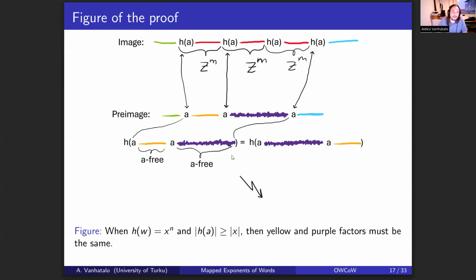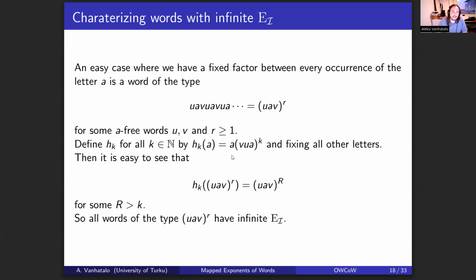All right, and yeah. So basically, we have the necessary condition that if the word has infinite mapped fractional exponent, then there is some letter such that every occurrence of the letter has a fixed middle word.